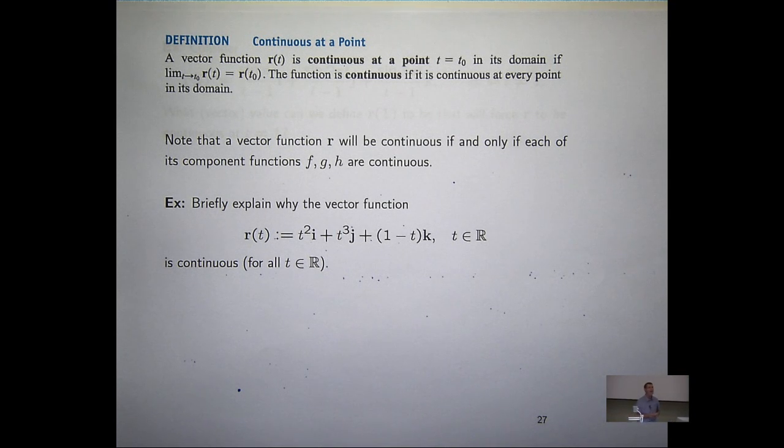But we're not quite at differentiability or derivative yet. Why are continuous functions important? Come on. Why is it worth spending time wondering whether a function's continuous or not?